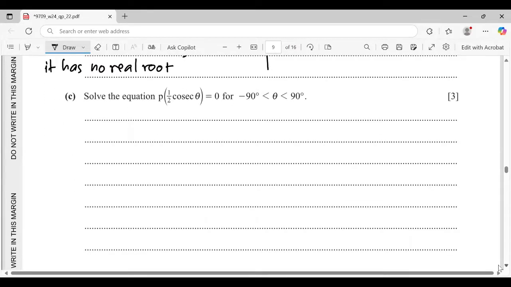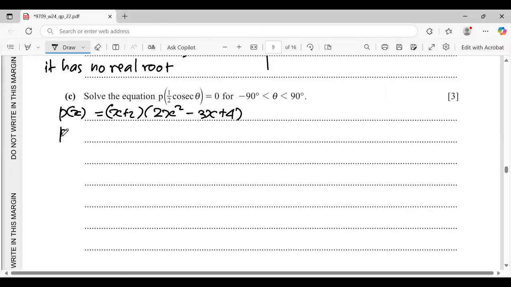Solve the equation P(1/2 cosecant theta) equals 0 for theta in the interval minus 90 to 90. The function is P(x) equals (x plus 2) times (2x squared minus 3x plus 4).